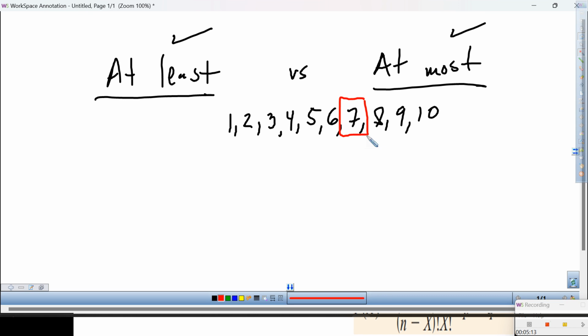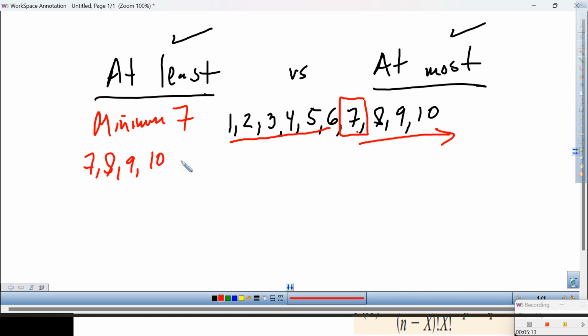Very good, Chelsea. What does at least mean, Diego? So the minimum has to be 7. I don't have to use any of the lower numbers, but I need to use at least 7, and what else? 8, 9, and 10. That is correct. At least, the minimum is 7, so it's 7, 8, 9, and 10.